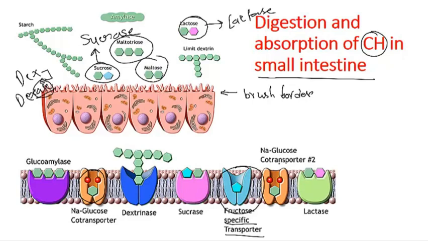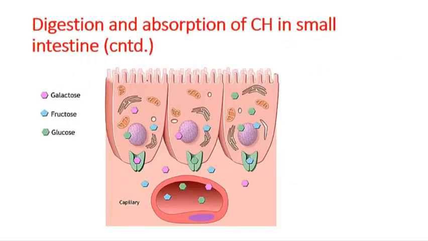Here you see the process that once glucose, sucrose and fructose have entered inside the cell, they will be transported out into the capillary by facilitated diffusion, where a carrier protein is required to transfer those monosaccharides into the specific place of the capillary.